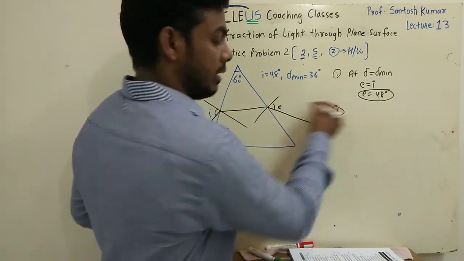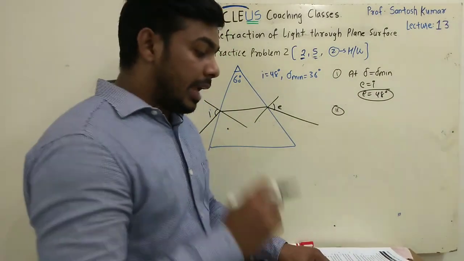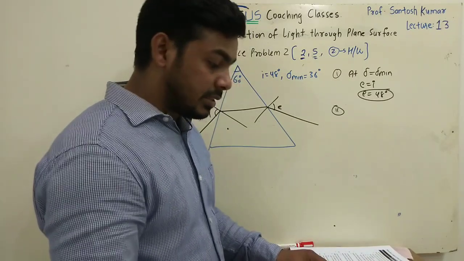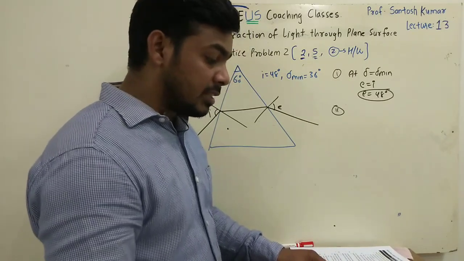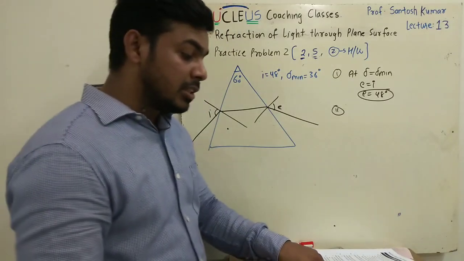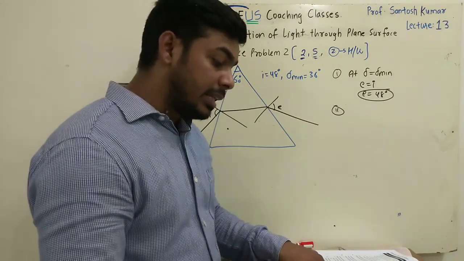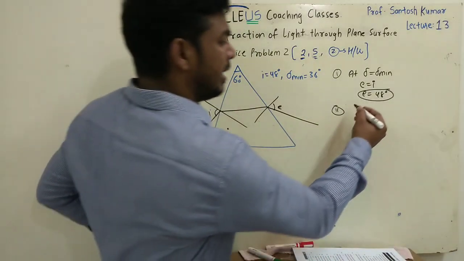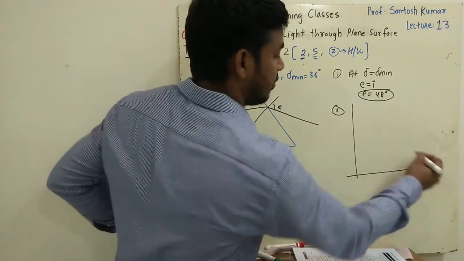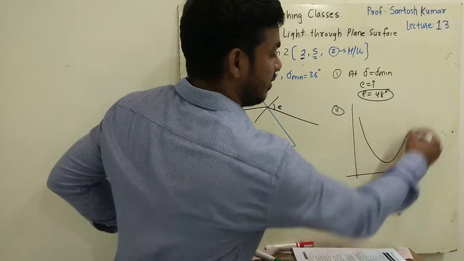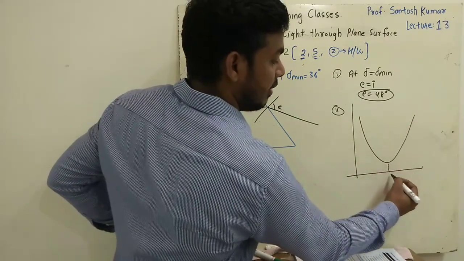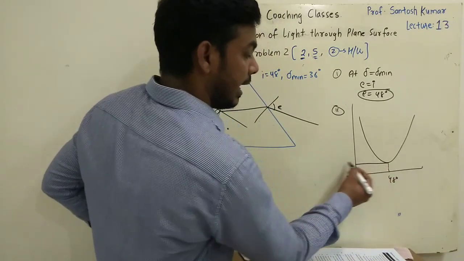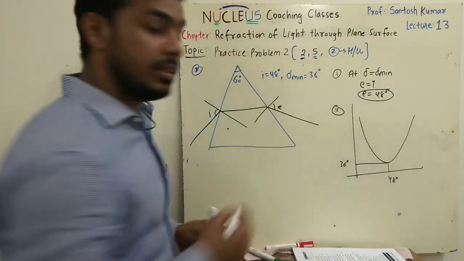And second part has been asked, if the angle of incidence is changed to 30 degree or 60 degree, state in each case whether the angle of deviation will be equal, less or more than 36. So this question can be simply explained on a graph, where I will draw a graph like this, and this is the value of i, which is 48 degree, at which delta value is 36 degree.